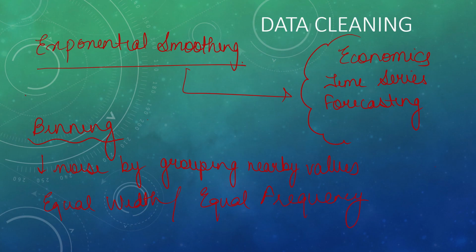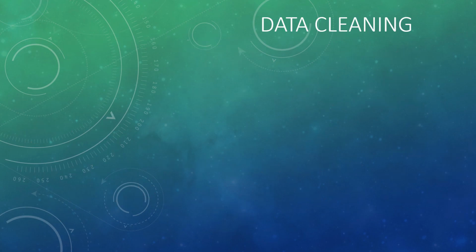And then after that, there are three types. I'll just tell the types: bin mean, bin median, and bin boundary. Now let's solve a question on this.